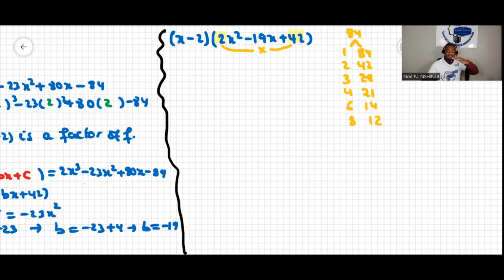Now in the list of the factors of 84, there must be only one couple that will make the sum equal to -19, the coefficient of the middle term. I'm just checking in the list here.